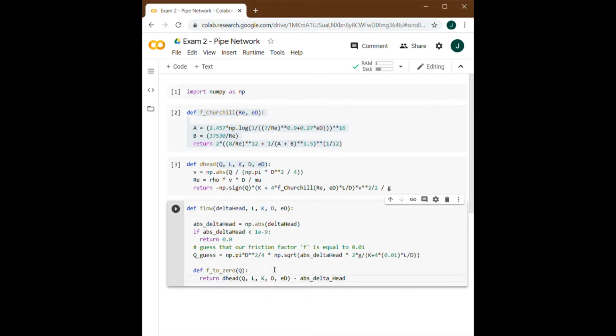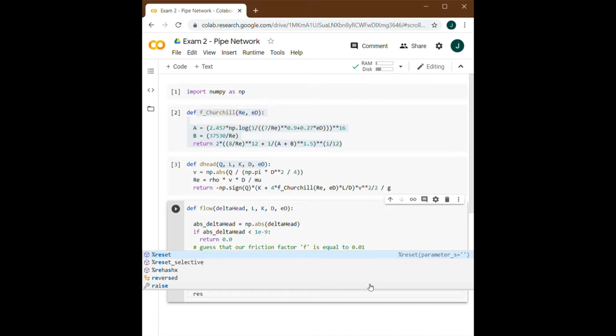What this will do is, if we can get our flow rate and our delta head to be equal to our actual delta head that we pulled from the problem, that means that our F, our frictional factor, and our Q is correct.